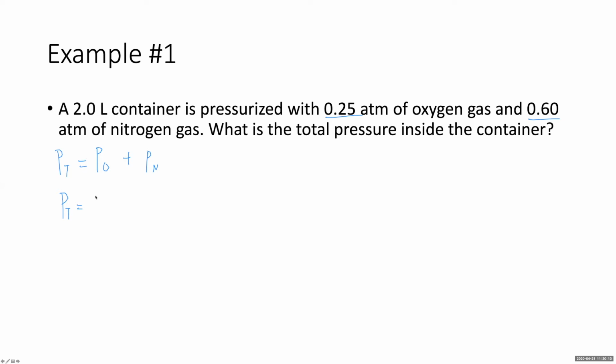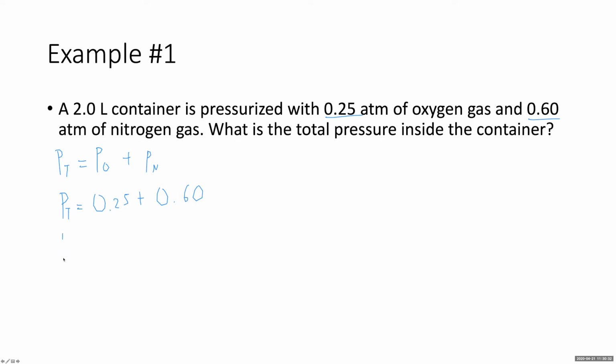And so what we're going to do is 0.25 plus 0.60. We add up these two numbers.